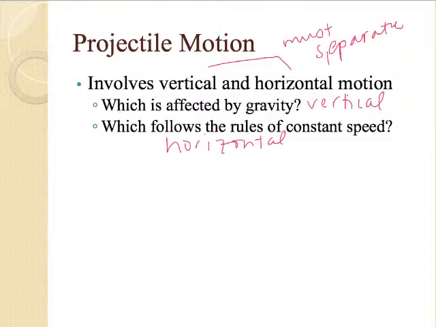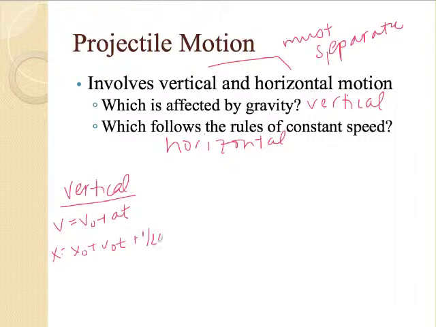Another way to think about this is that vertical uses our acceleration equations. So v equals v0 plus at, or x equals x0 plus v0t plus 1/2 at squared, or v squared equals v0 squared plus 2a(x minus x0).